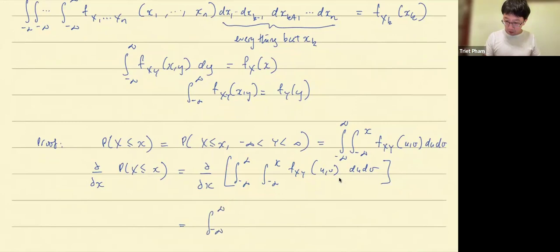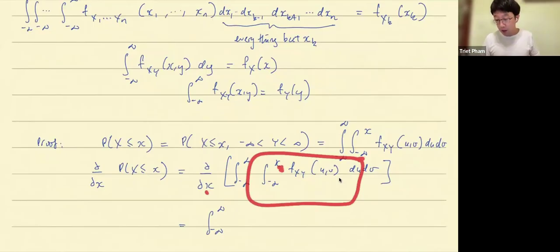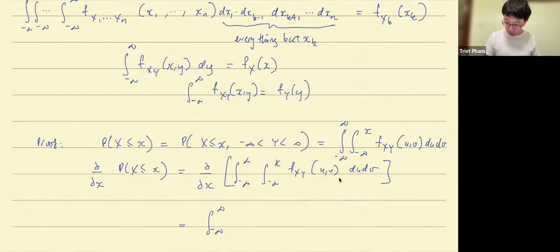And if I differentiate this with respect to X, then I have the fundamental theorem of calculus going on, where I will replace this with the X letter. The v is still the same. This is differentiation with respect to X, and this is du. So I just replace u with X, meaning that I have f x y of X, v dv.